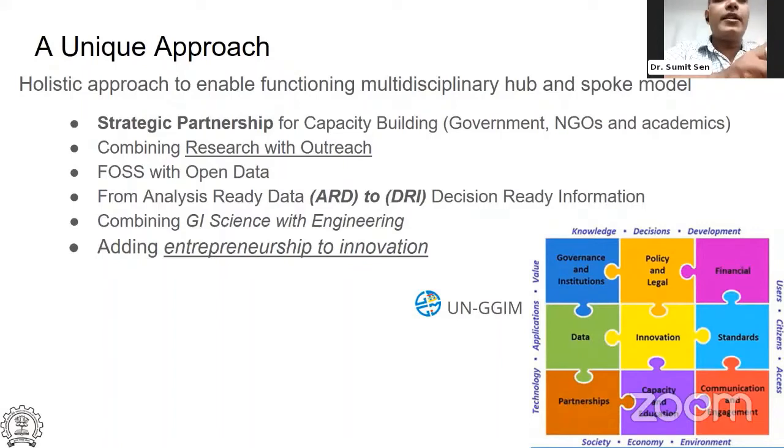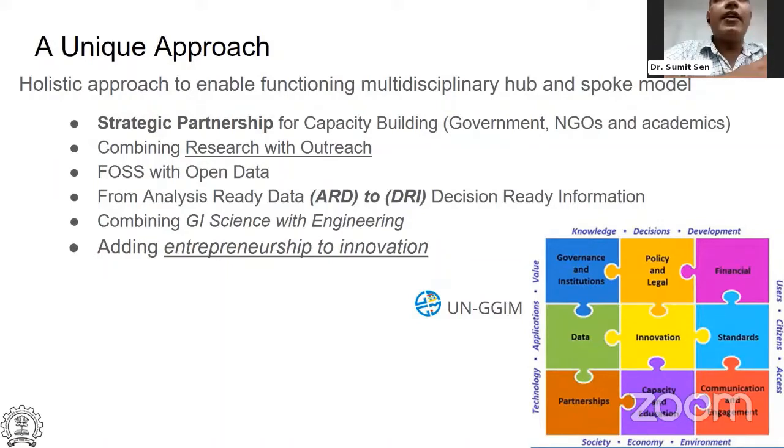I will revisit these points a little later in my presentation, but we also want to combine FOSS, free and open source software, with the availability of open data. For example, much of FOSS development around the world has been in partnership with availability of open data, which we don't see in India so much today.